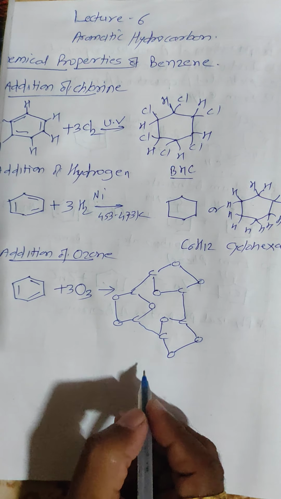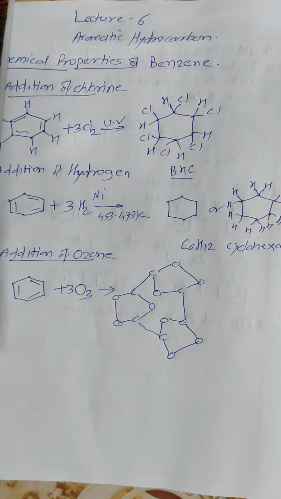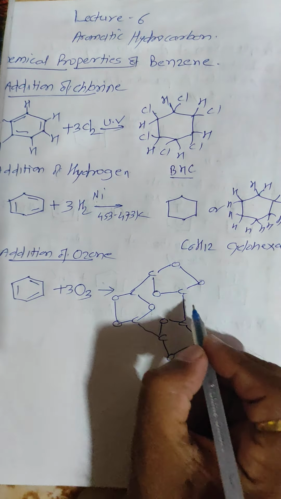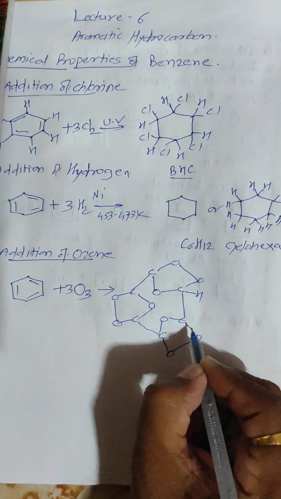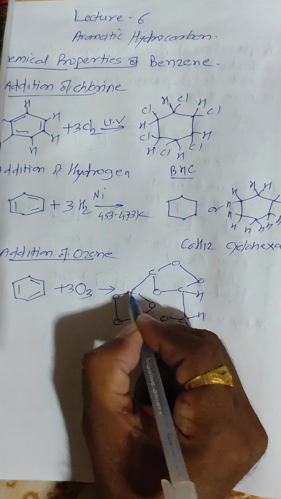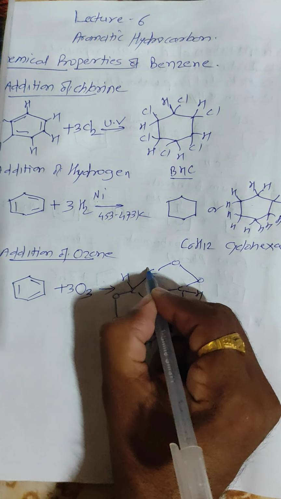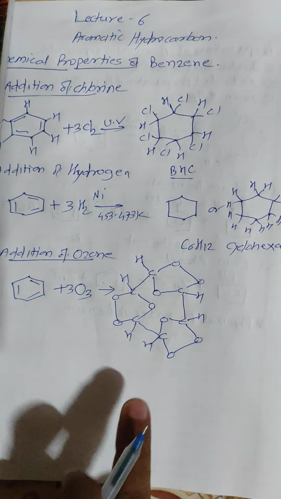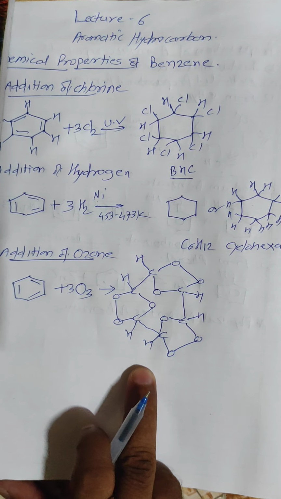Each carbon atom is bonded with a single covalent bond, and each carbon is also attached with 1 hydrogen atom. As shown like this, it is the benzene triozonide.